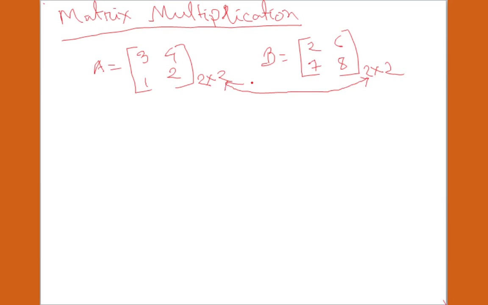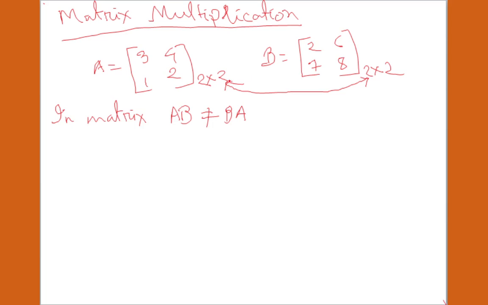If we multiply AB, in matrix, one more thing, A into B is not equal to B into A. In case of matrix, this is not the same.